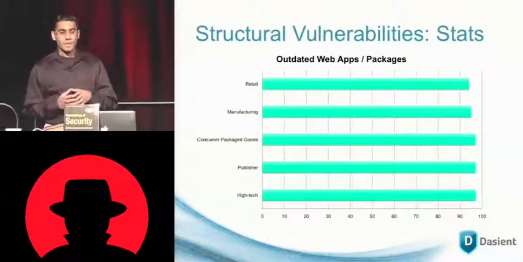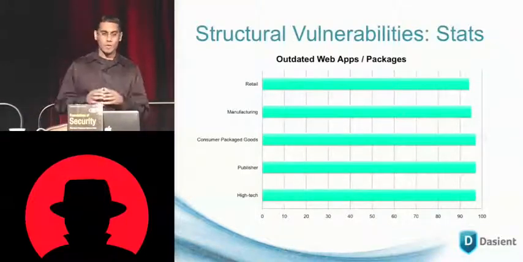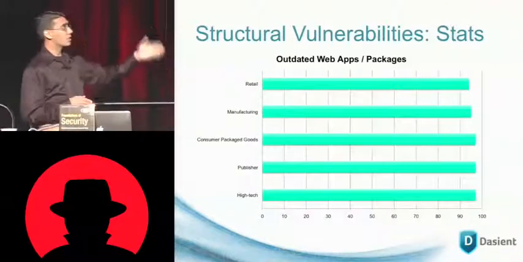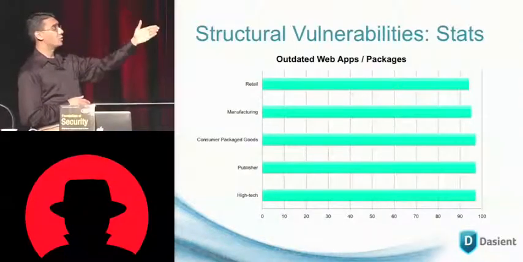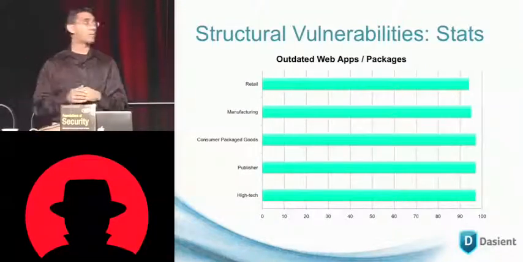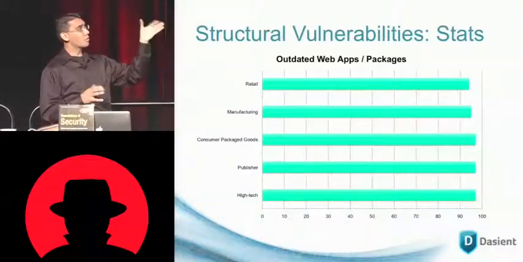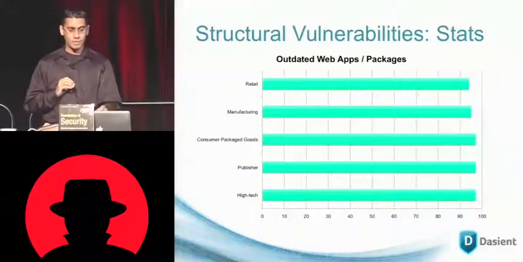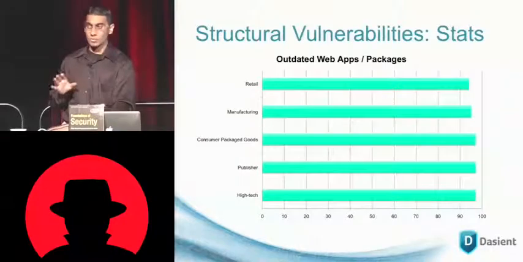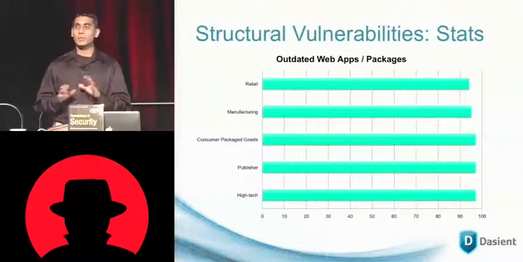The third category is outdated web application and other software packages. We found that certain verticals here, retail, manufacturing, consumer packaged goods, publisher, and high tech, had a fairly high reliance on third-party packages. I think it's interesting to note that most websites use third-party software, and the fact that these are outdated shouldn't be super surprising.